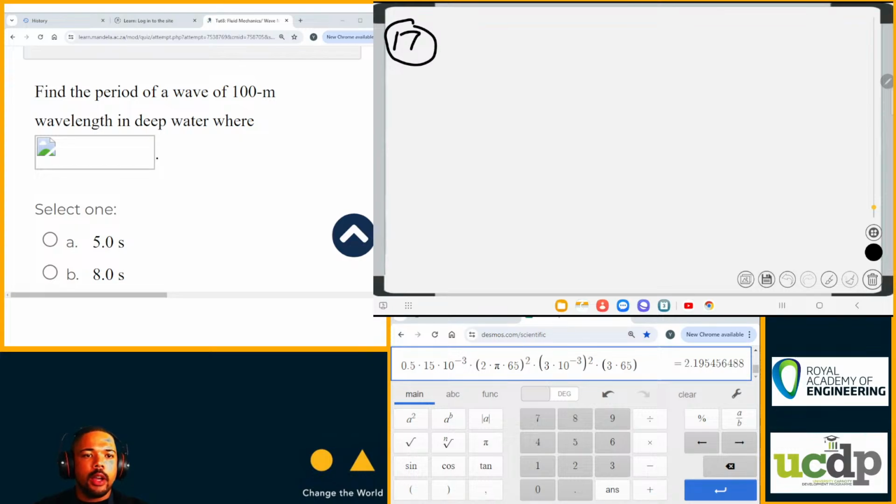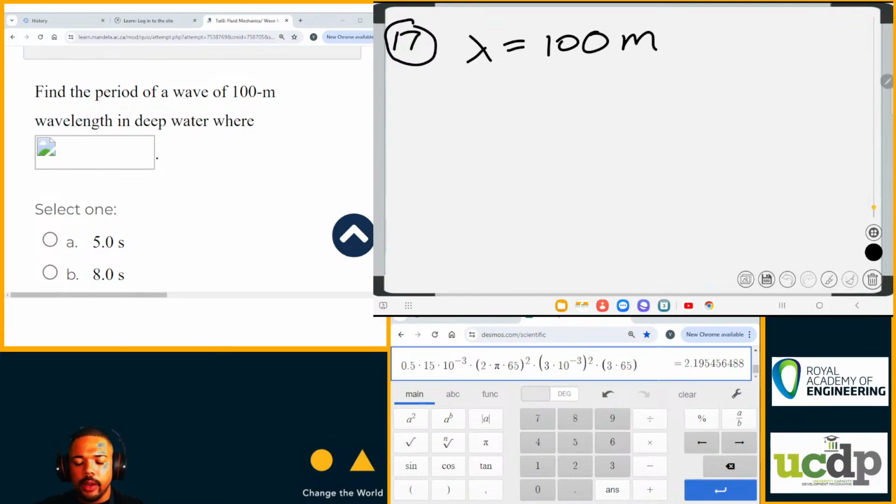It says find the period of a wave of 100-meter wavelength. So we have that this wave has a wavelength of 100 meters, and they say find its period in deep water where.